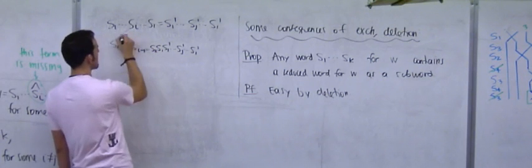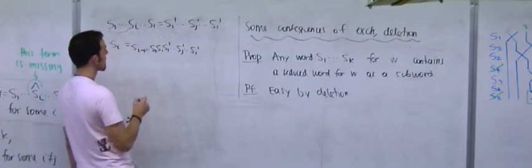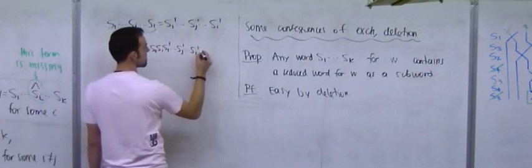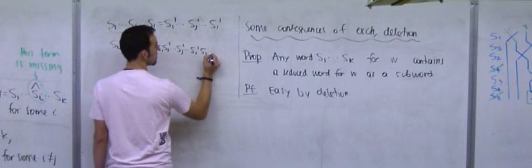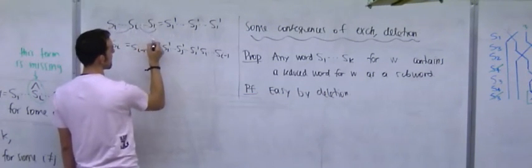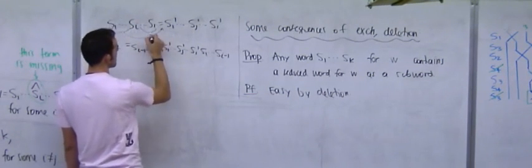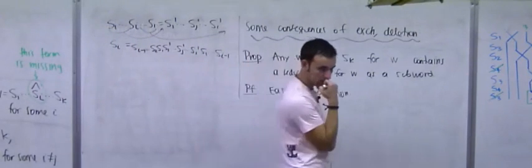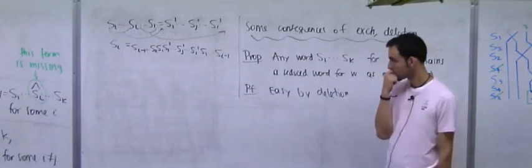That gets rid of all of these guys. And to get rid of all of these guys, I multiply by S1 on the right, then by S2 up to Si minus 1. I send these guys to the left, and these guys to the right, and that's the expression that I get. Okay.